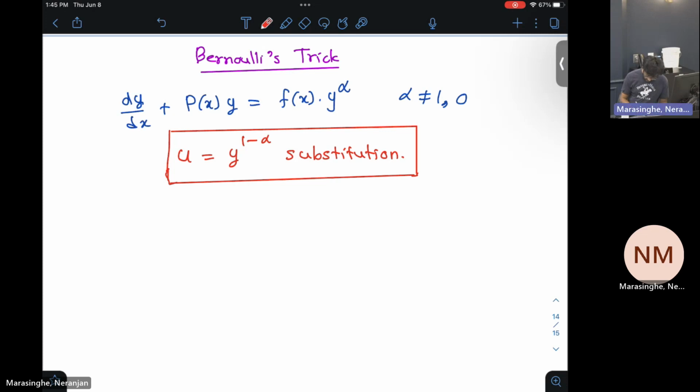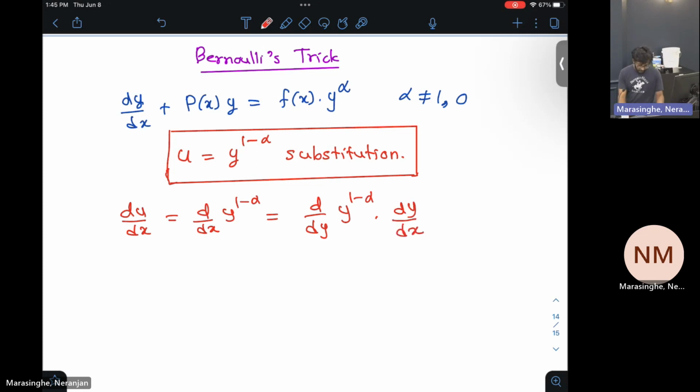Then what can you say about the derivative of u with respect to x? That is the derivative with respect to x of y to the power 1 minus alpha. Then I would apply the chain rule. It is d over dy of y to the power 1 minus alpha times dy over dx. So this is equal to (1 minus alpha) y to the power (1 minus alpha minus 1) dy over dx.